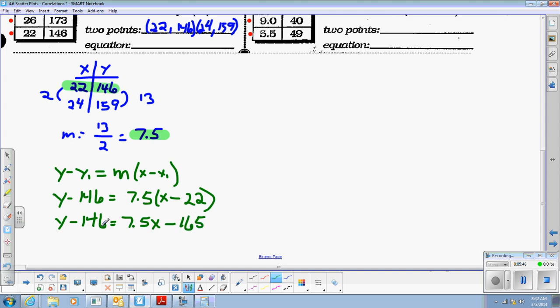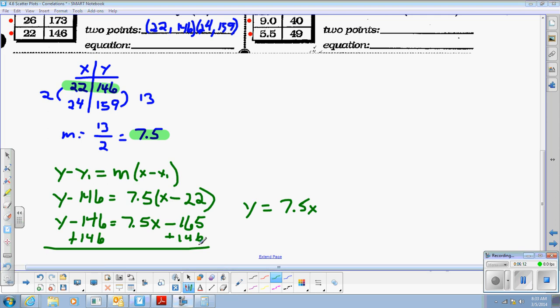Now to get in slope-intercept form, I want this y all by itself. So I'm going to add 146 to both sides. Draw my line. And since I'm kind of out of space on the bottom here, I'm going to write this over to the side. I have y equals 7.5x and a negative 165 plus 146.